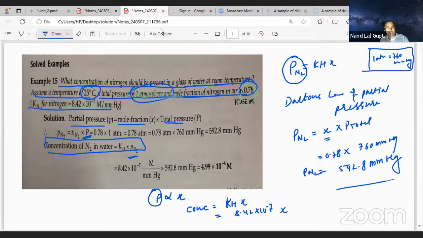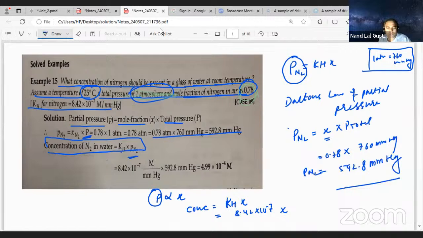And if you calculate the pressure, what is this coming as? XN2, not PN2. This is XN2.